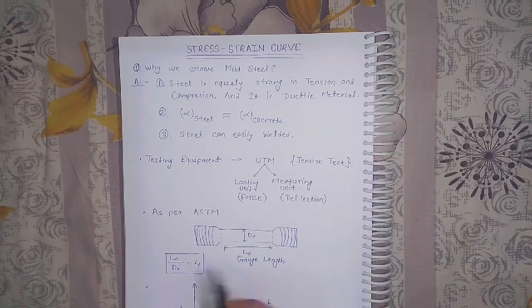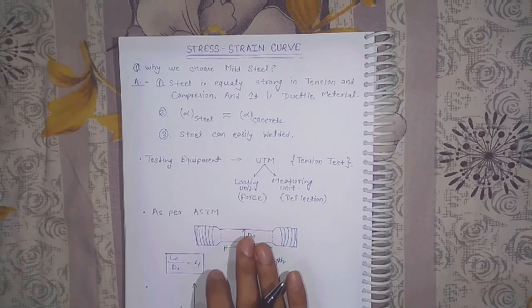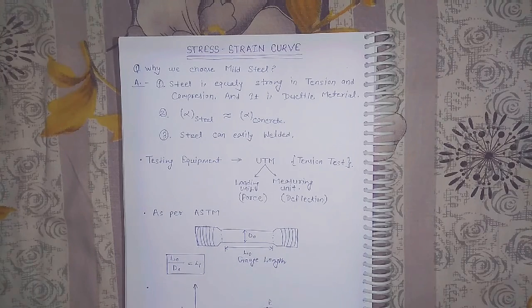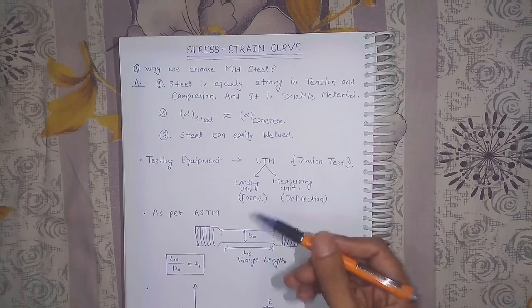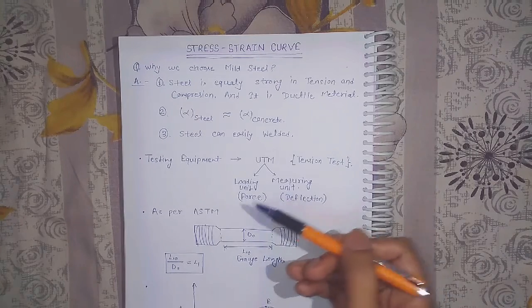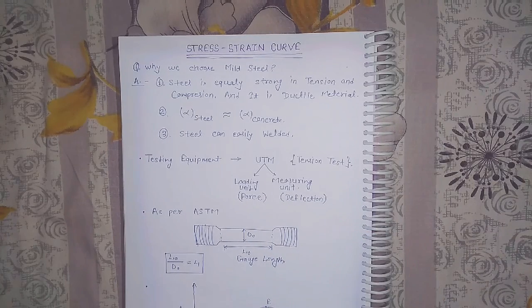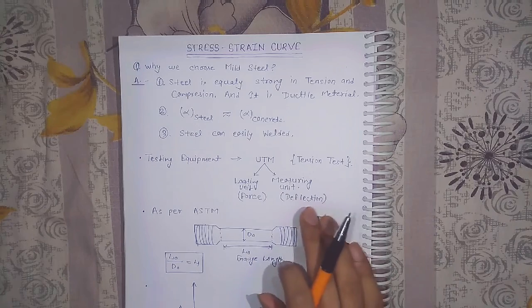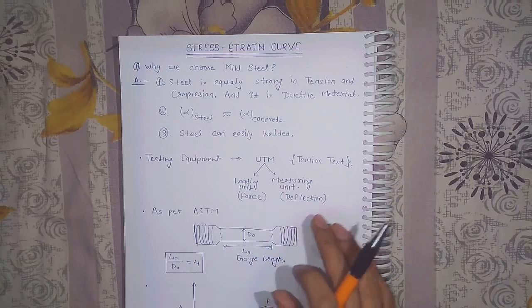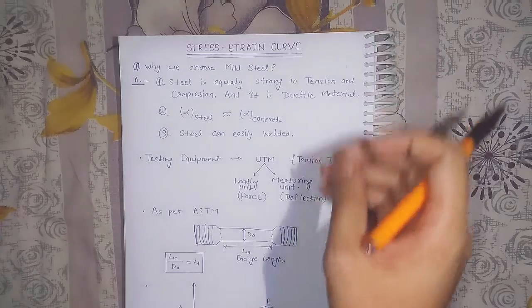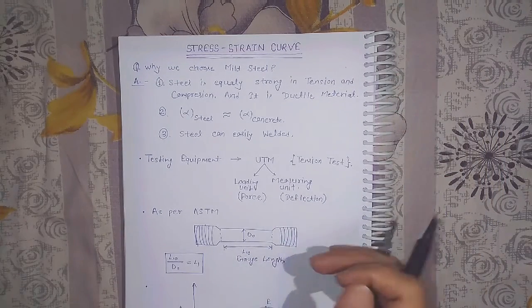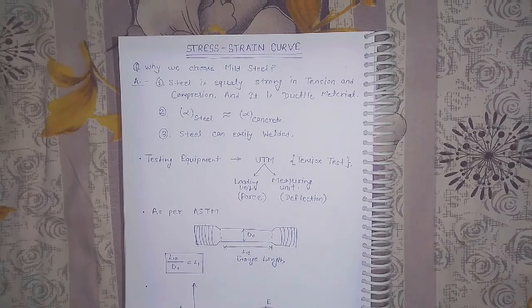This is the standard form of the bar, that is, L naught divided by D naught is equal to 4. From the force you can calculate the stress by using the formula force upon area, and from the deflection you can calculate the strain by the formula change in length, that is deflection, divided by the original length of the bar.